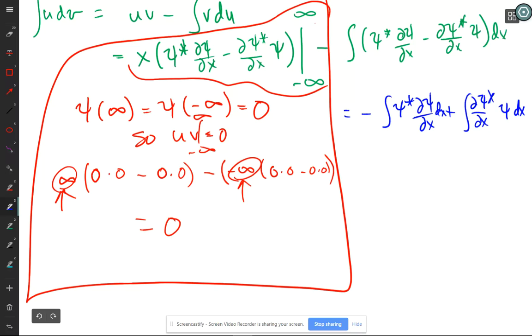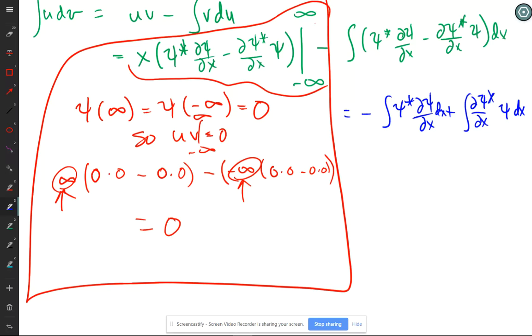And what do we do with that? I'm pretty sure we do integration by parts again. Yeah. We do another integration by parts.